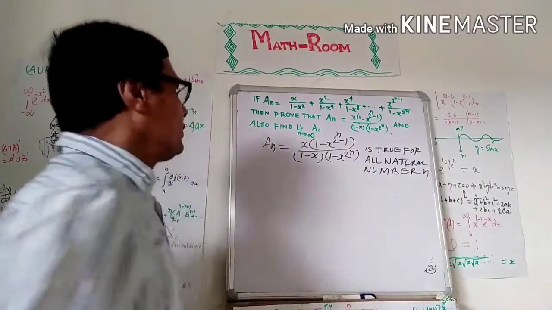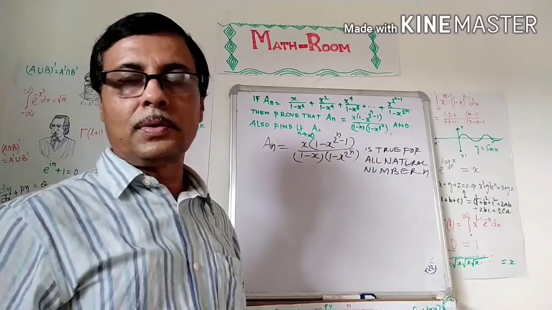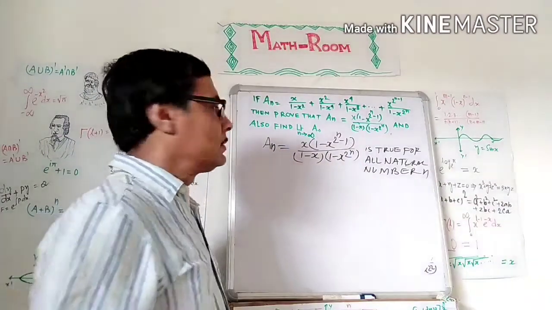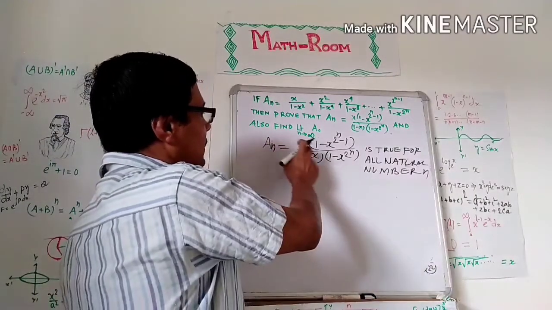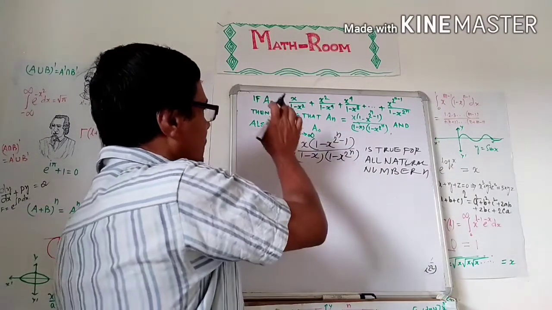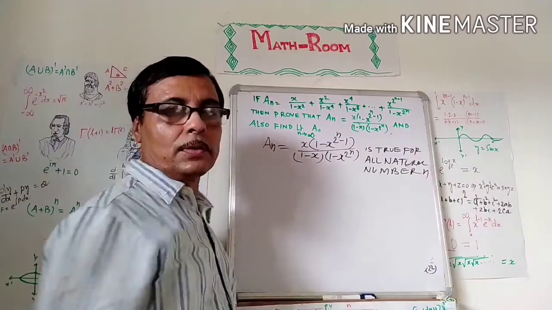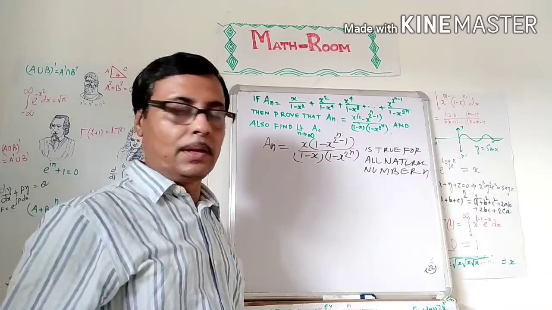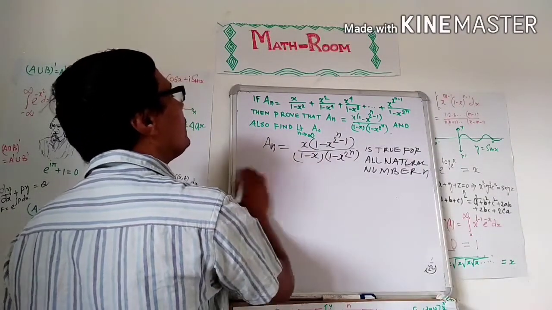Now next, we have to find the value of the limit as n tends to infinity of S(n). Already we have got the sum of the finite series, and we have to find the limit of S(n) as n tends to infinity. Now next we find the limit.